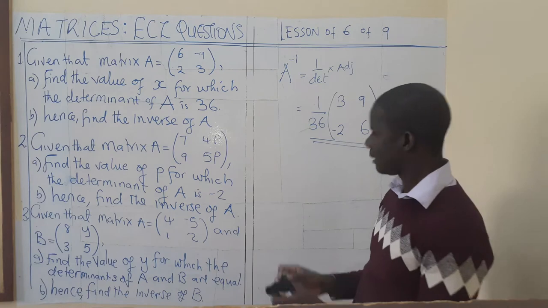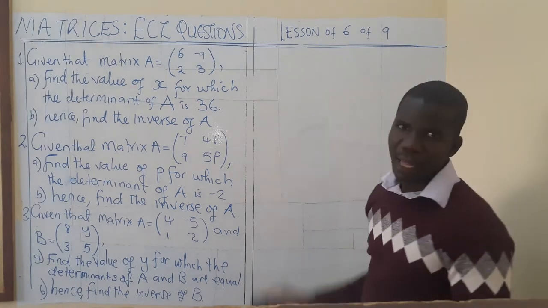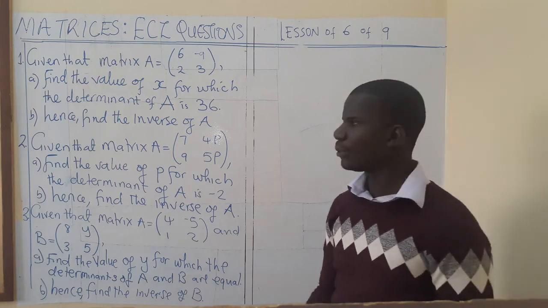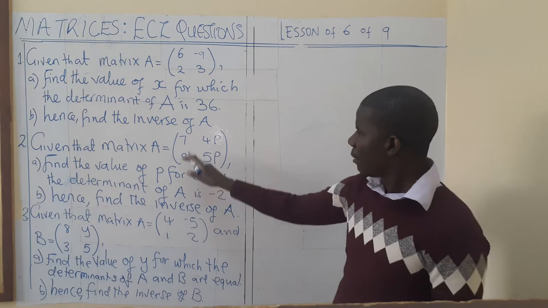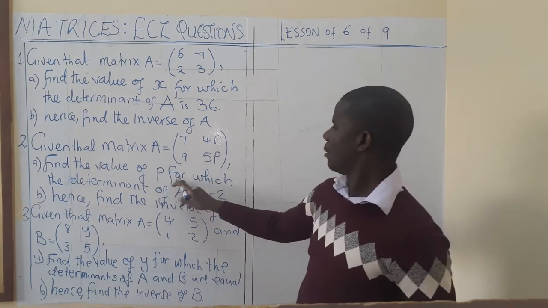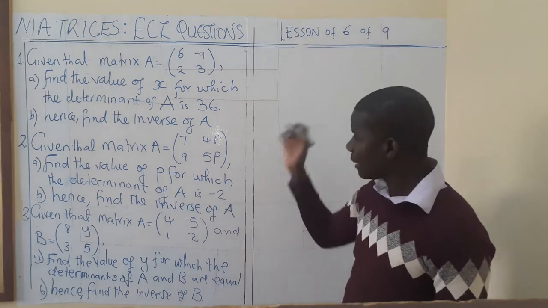So, having done this, we need to proceed and look at the other question, which is the second one. Find the value of P if the determinant is negative 2. So we carry out the same process.